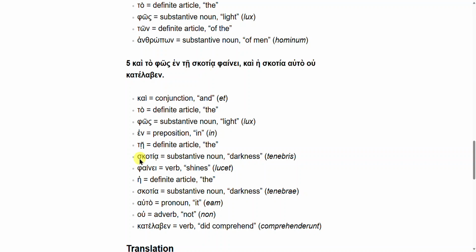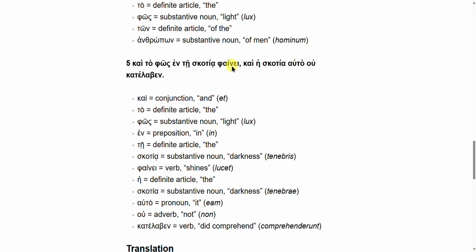Down in the exposition, we see scotia is a substantive noun, translated tenebris in Latin, which means darkness. Kai to phos, and the light, en te scotia, in the darkness. And then we have phi, alpha iota, diphthong, nu, epsilon iota, diphthong.